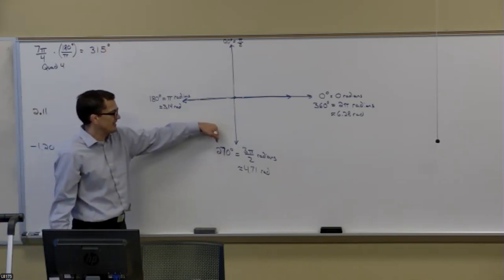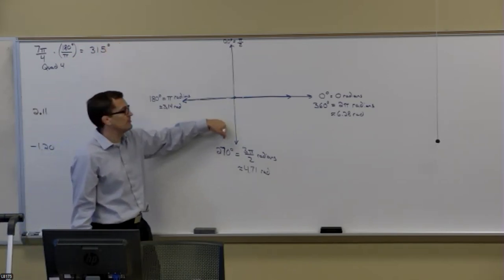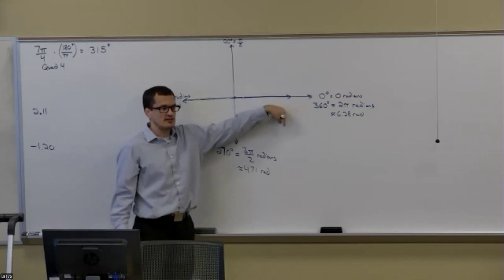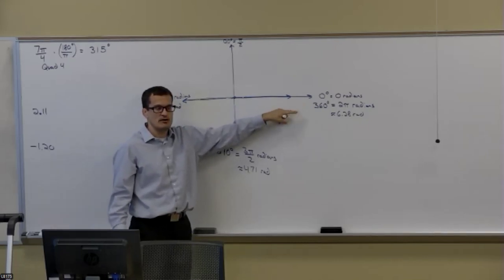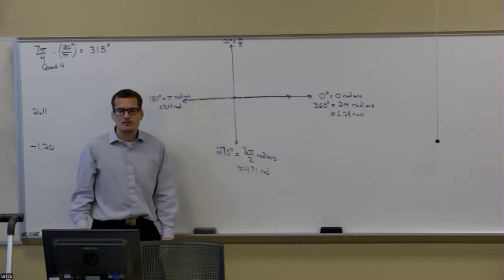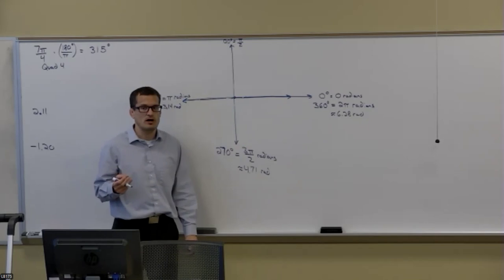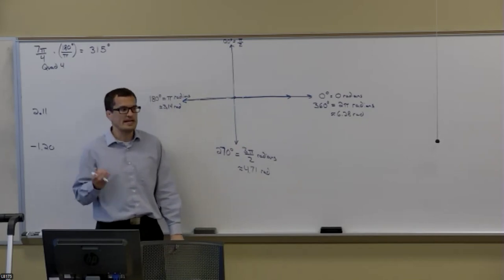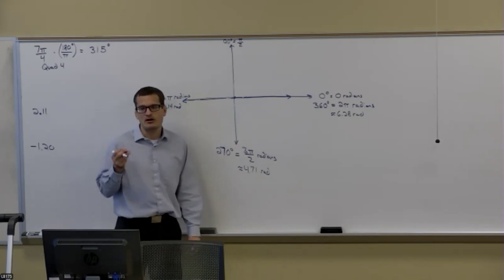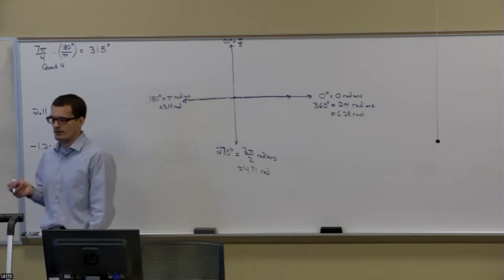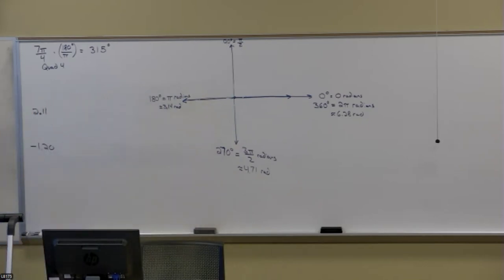And it's easy to see 315 is between 270 and 360. So again, we're in quadrant 4. Either way is fine to determine the quadrant. We can determine the quadrant based on the radians or based on the degrees.